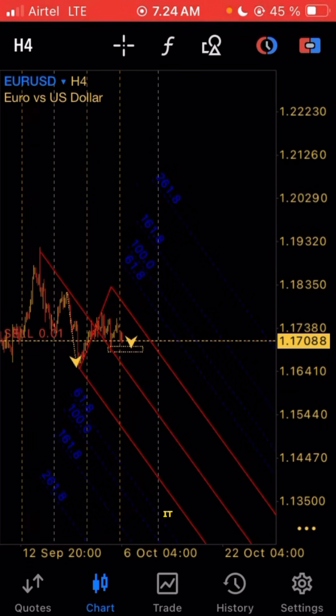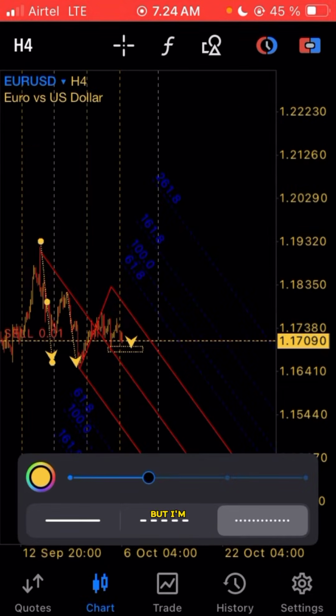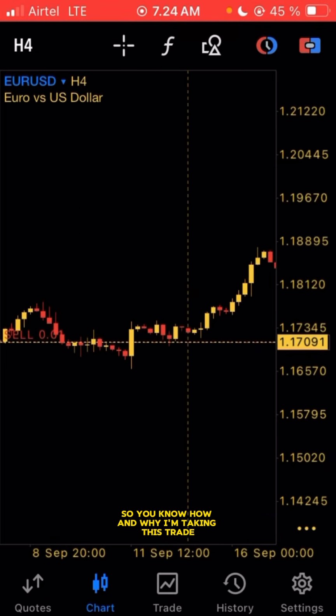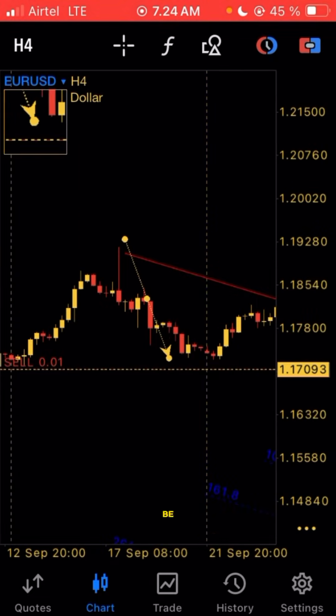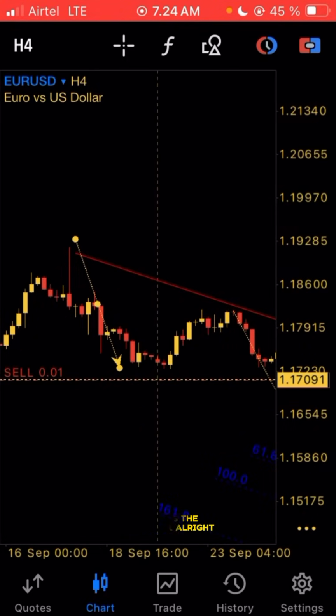You see it's going down with the angles and calculations. It's very easy to plot, right? But for me, I just take the trade regardless of the pitchfork, but I'm showing you guys using the pitchfork so you know how and why I'm taking this trade, because it's in alignment with my tool, which is the pitchfork.